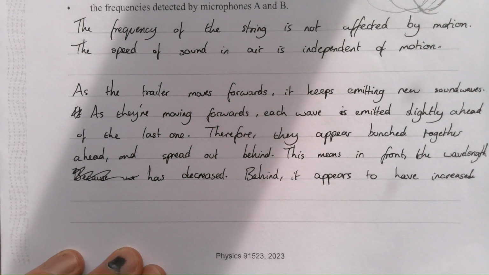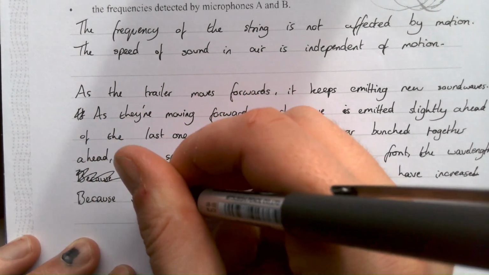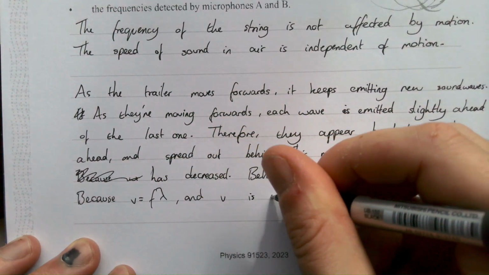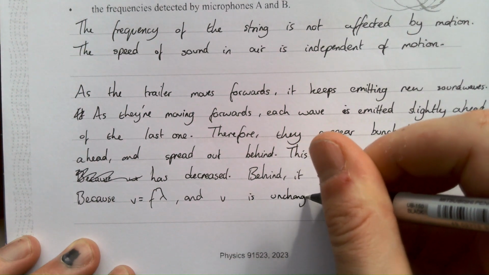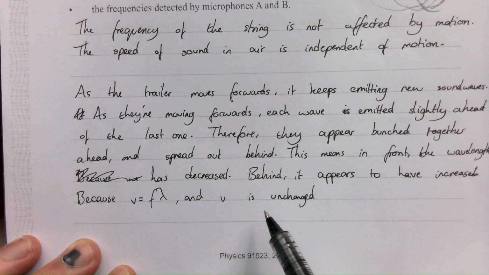Behind it appears to have increased because V equals F lambda and V is unchanged, which we've said already in our answer. We've said that the speed of sound is independent of the motion, so the velocity will stay the same.